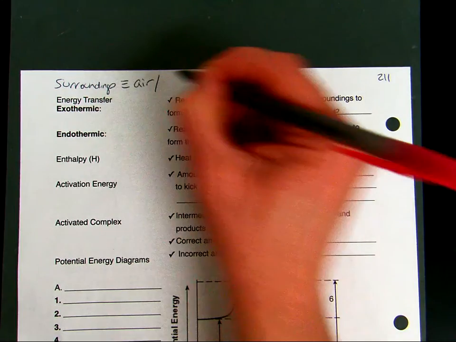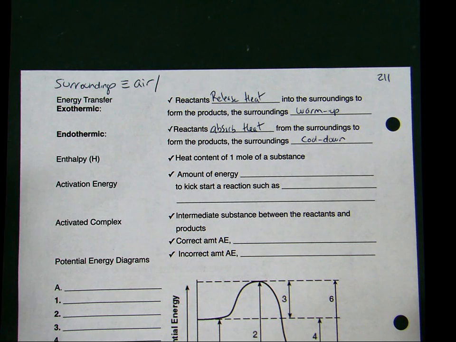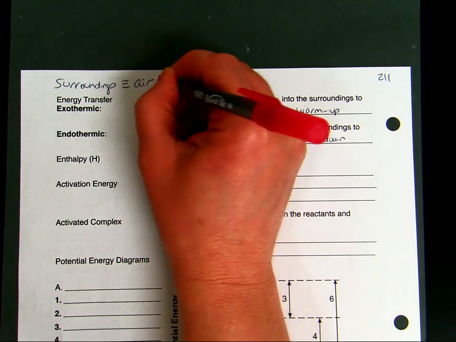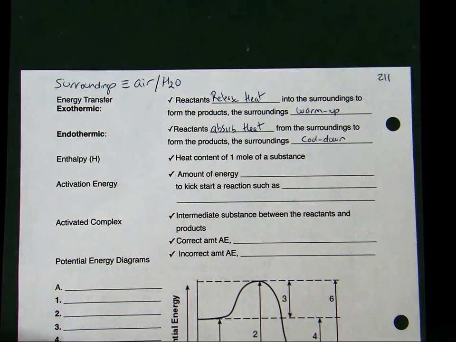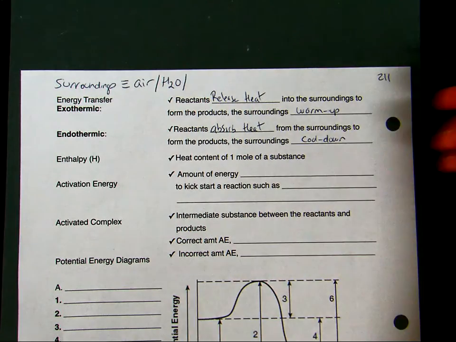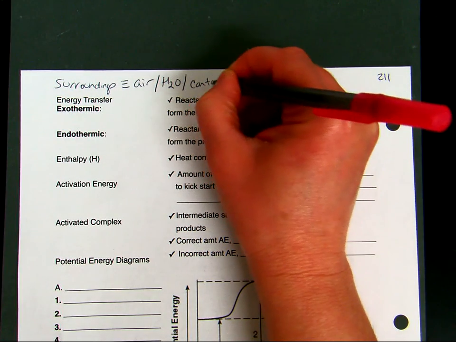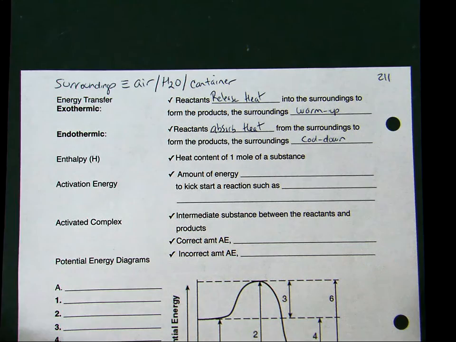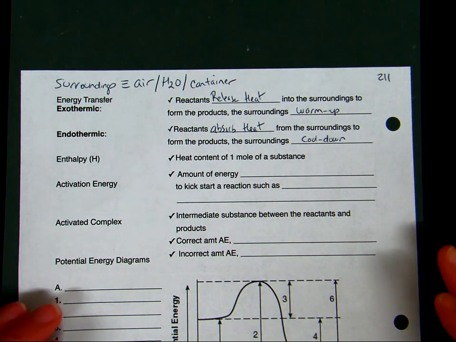Many of our lab experiments occur in water, and water is not a reactant or a product, but it's a medium to help the process take place. So does the water's temperature go up or down? Is the water warming up or cooling down? And then also the container holding the reaction, like that beaker, test tube, flask. So those are examples of the surroundings.